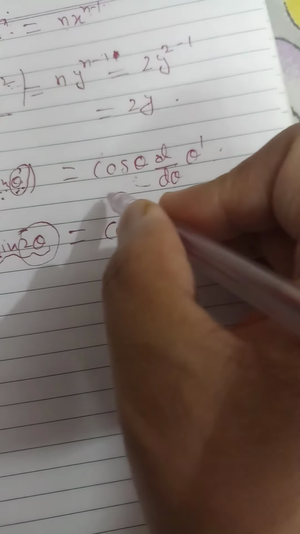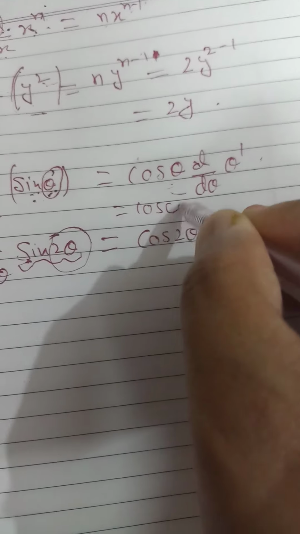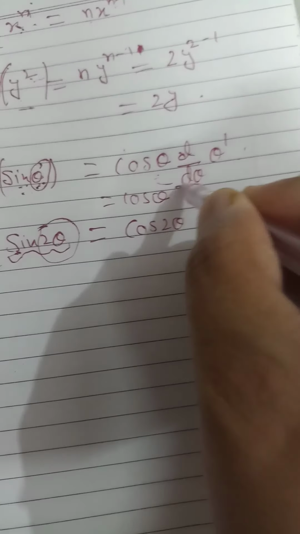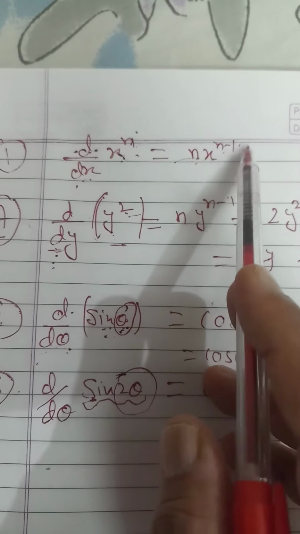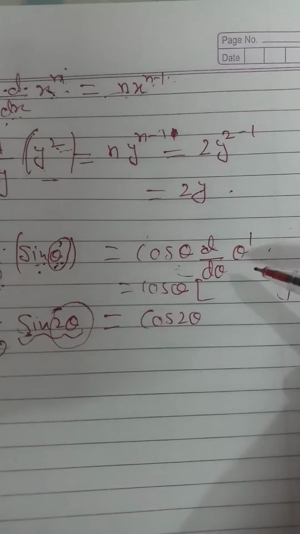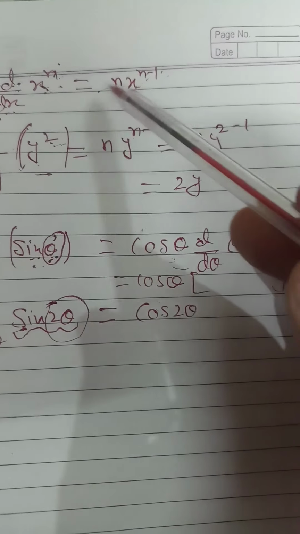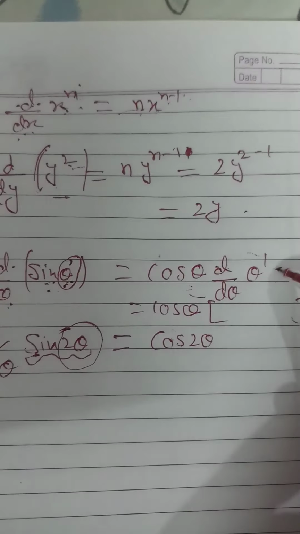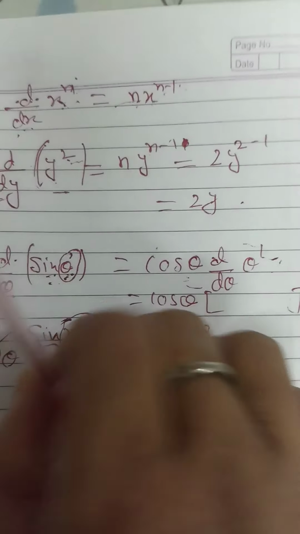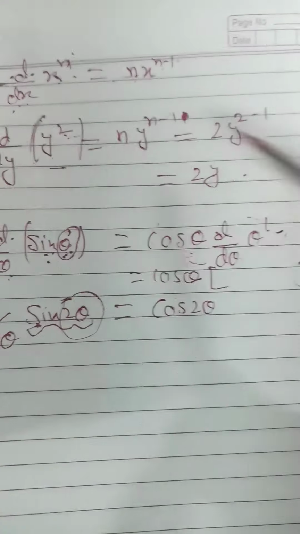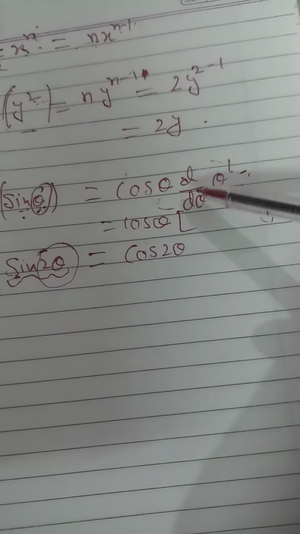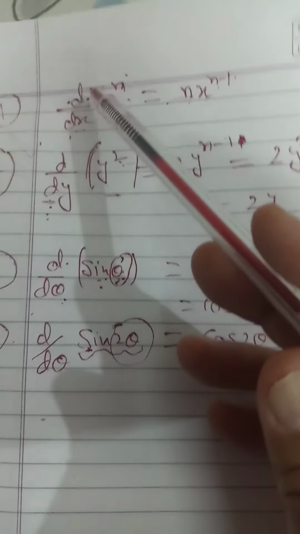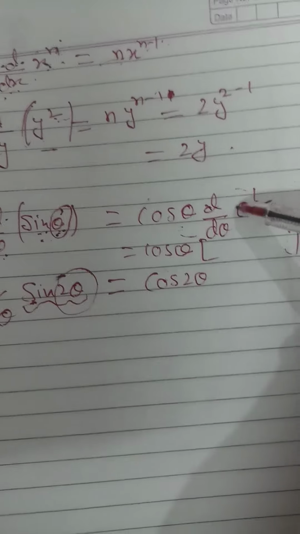How will I write it here? Now cos theta remains as it is. For d by d theta of theta to the power 1, I will use the basic formula n x^(n-1). Now in this situation, my n will be 1. In place of d by dx, I will write here d by d theta. In place of x, I have used here theta.